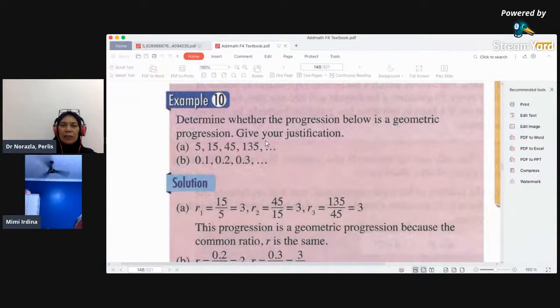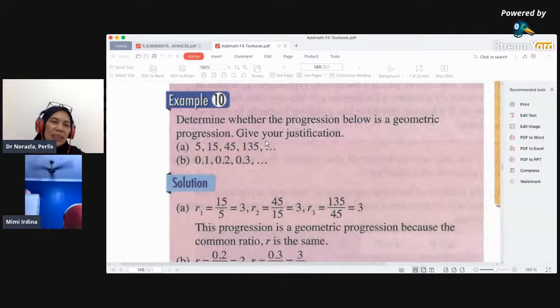But in this question, we need to justify the sequence is a geometric progression. So what we will do is find the common ratio, known as R. R stands for ratio. So what is the formula of common ratio?